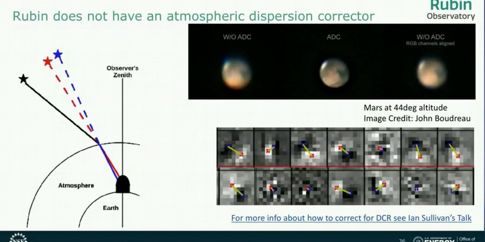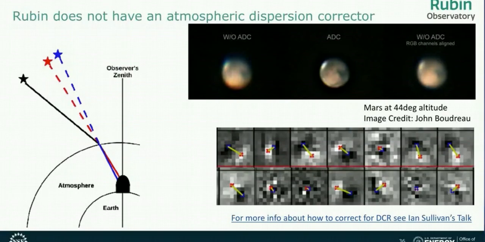If you have dipoles, the way you can tell if your problem is differential chromatic refraction is this: here are a series of dipoles that were detected in some DECam imaging. And they're roughly oriented the same way. However, some of them have the positive lobe in the top left, like this one, this one, this one, and then others have the positive lobe in the bottom right, like these. This is because the polarity flips depending on the color of the star.